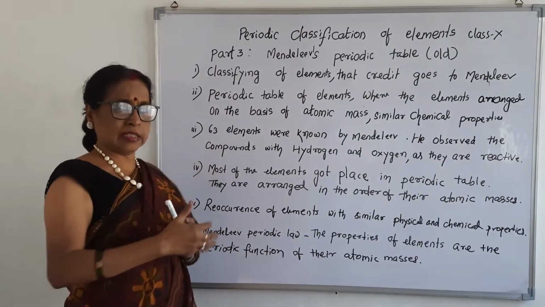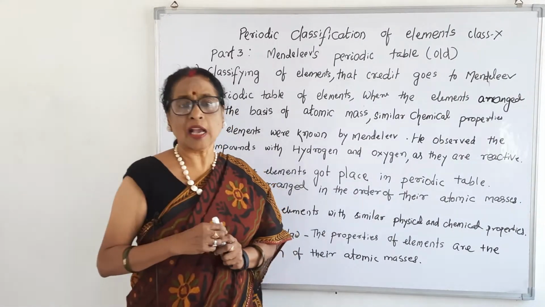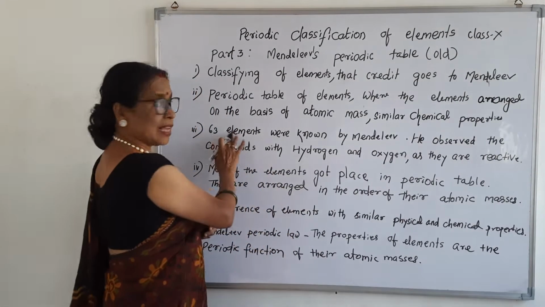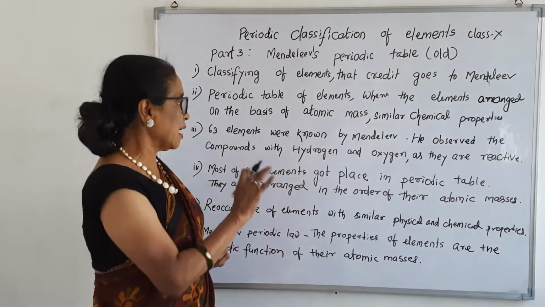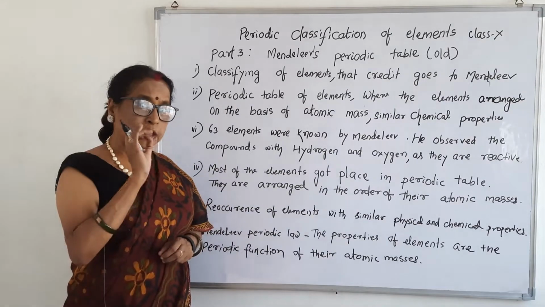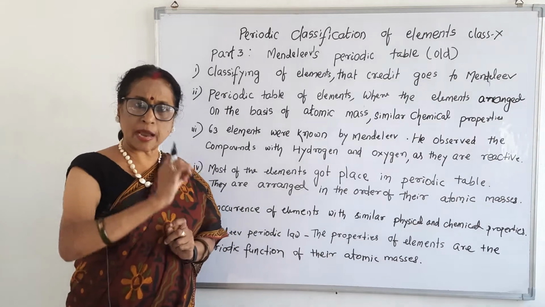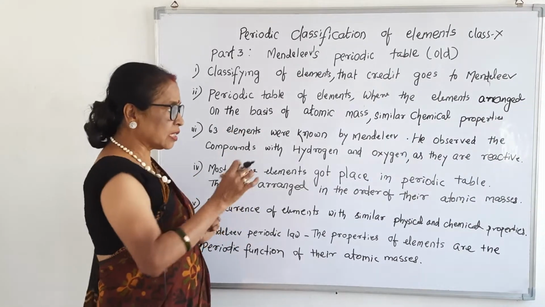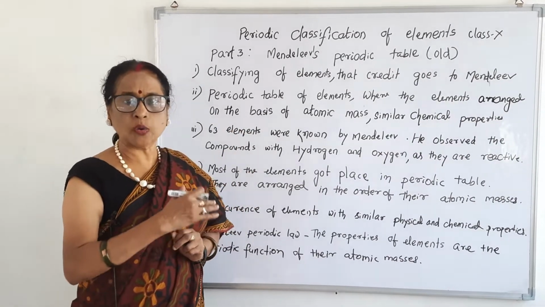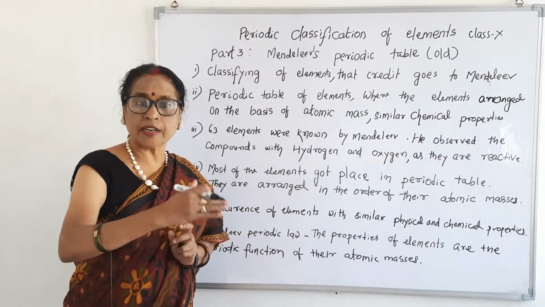After the discovery of elements, Mendeleev arranged 63 elements, only 63 elements. He observed the compounds, because hydrogen and oxygen are very active. That is why he always made experiments with the elements using hydrogen and oxygen, and compared how they could be arranged in the periodic table.